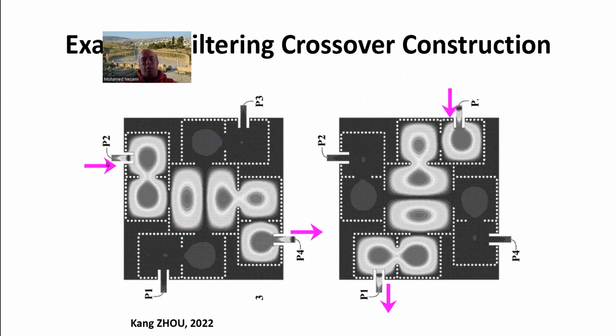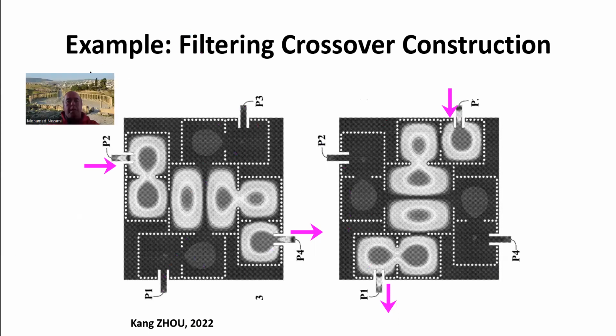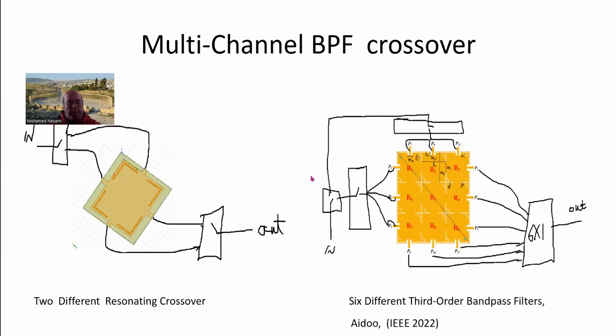Like you can see in here, one signal you feed in here comes out here, while on the other side you feed in here, and these two are isolated. And same thing in here. These are two isolated. This is a true example of a filter and crossover construction.